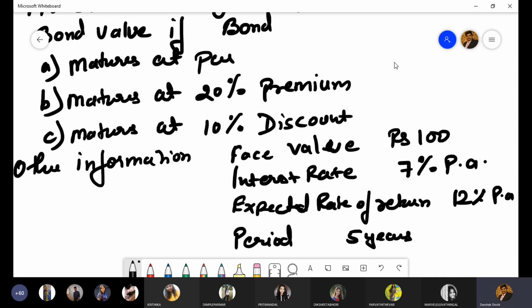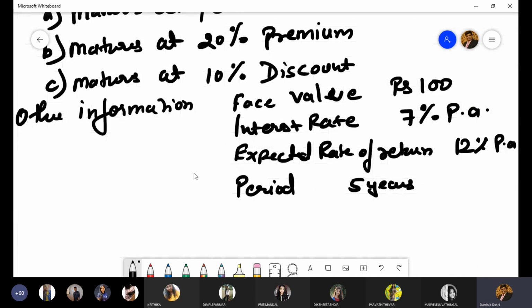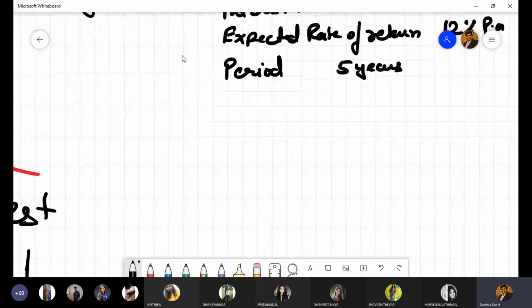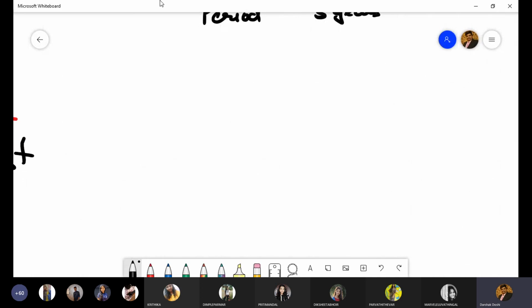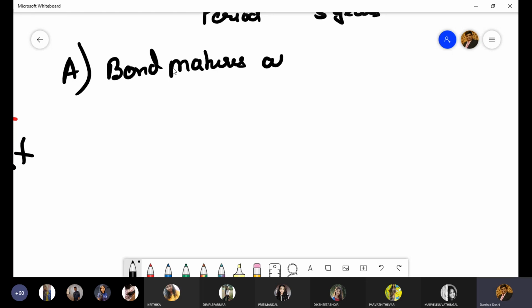Let's start with the solution. We want to find out the bond value, and we are doing it for a scenario when bond A matures at par.